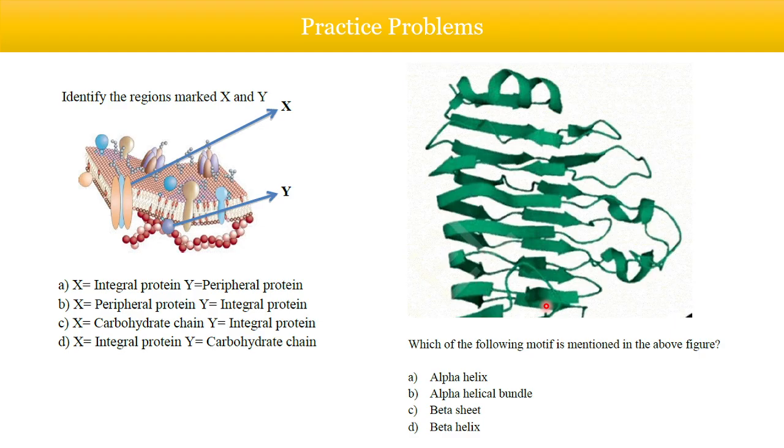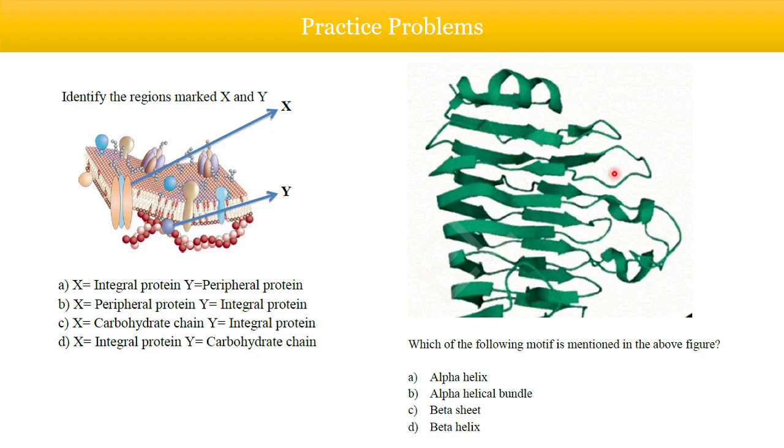Alpha helical bundle. So if you see over here, it's very much rich in beta sheets. But we do see a few alpha helices also over here. So there is an alpha helix over here.